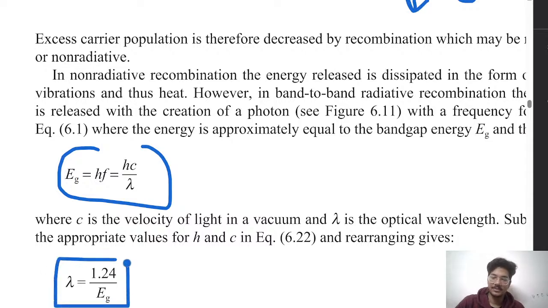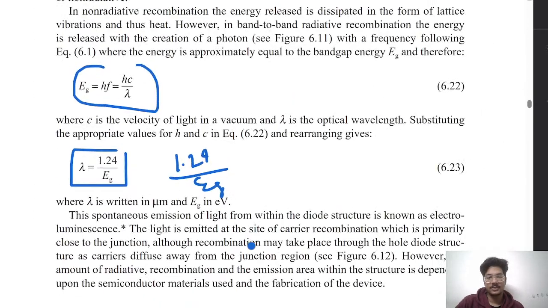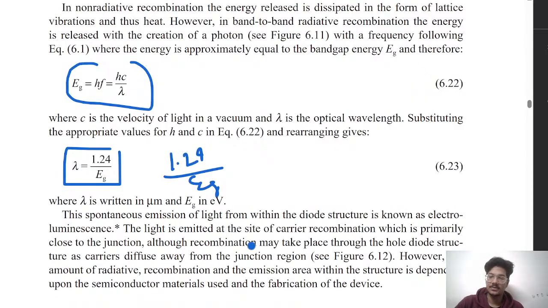So this is the key equation for LED wavelength: λ = 1.24/Eg. For non-radiative recombination, which occurs in an indirect band gap material, most of the recombination becomes lattice vibration. This produces heat, not light. That is why silicon is not used for LEDs or laser devices.